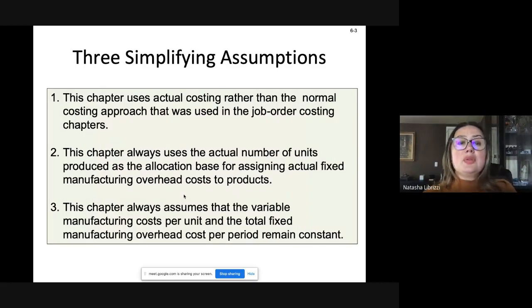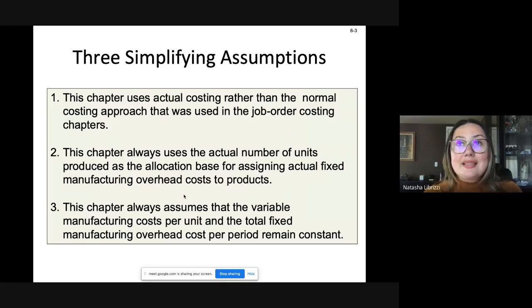So this chapter uses actual costing rather than the normal costing approach that was used in the job order costing chapters before. This topic also uses the actual number of units produced as an allocation base for assigning actual fixed manufacturing overhead costs. Sometimes you would not know what you're going to produce, and you would obviously use budgeted numbers, so we're making those assumptions to simplify the concept.